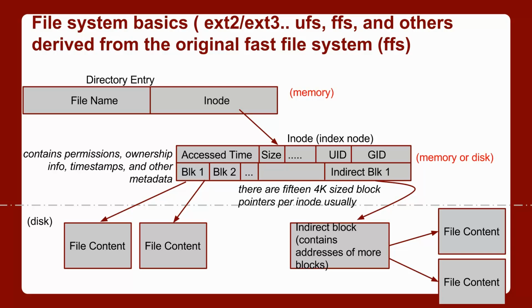So what I have here is this dotted line denotes what is definitely on disk, and what is above it is usually stuff that's being loaded into memory to enable the efficient navigation of what is on the disk, because it's not so cleanly laid out most times. So what we have are directory entries, and they have file names, and that's typically what most users see. That's all they're exposed to.